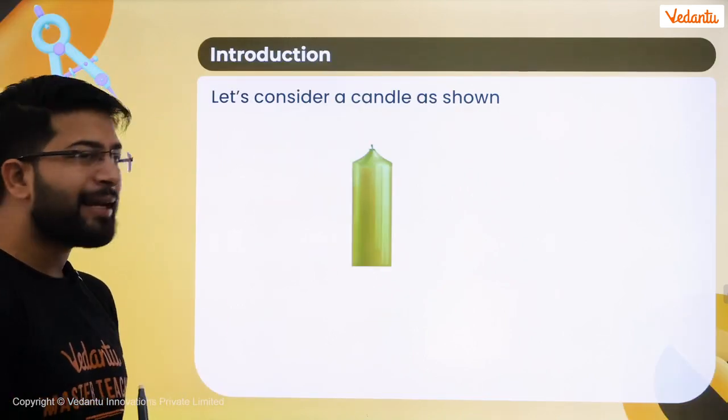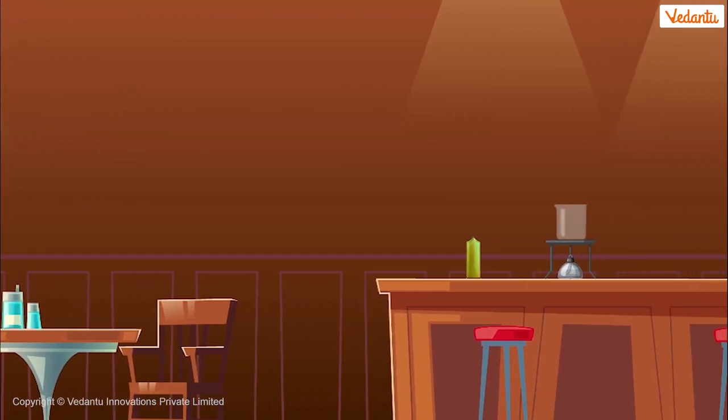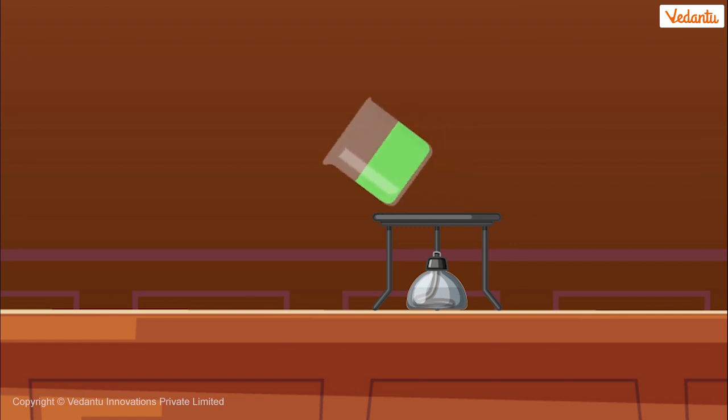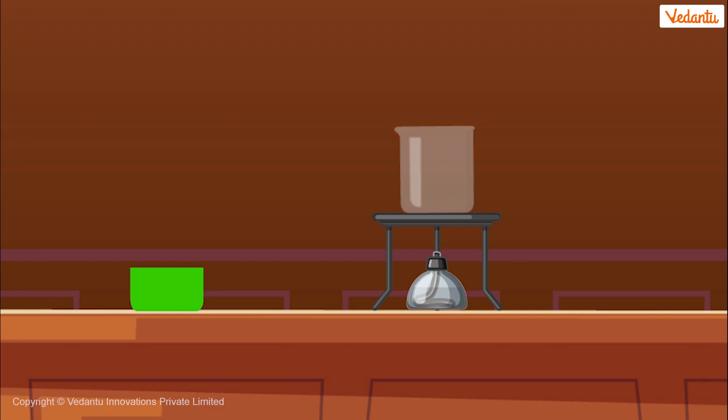So champ, let's say we have a candle. Now, if we put this candle in a container and heat it up, then what will happen? We can see that the candle will melt down, right champ?